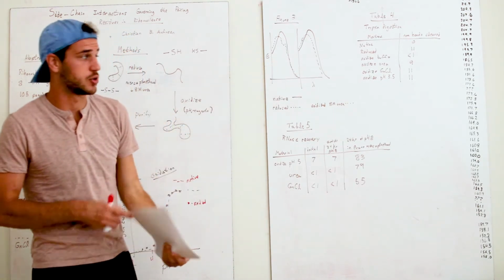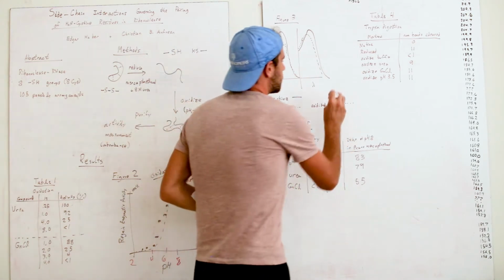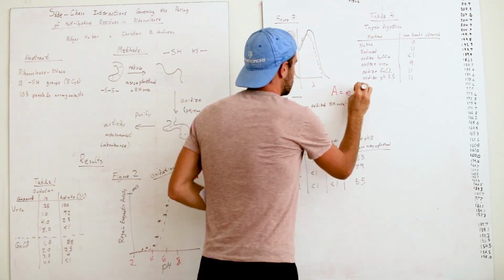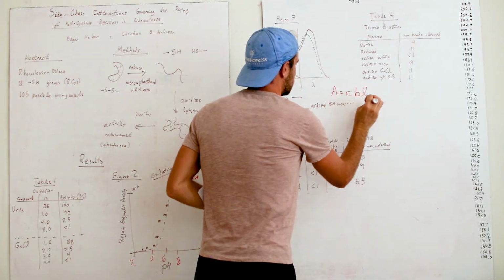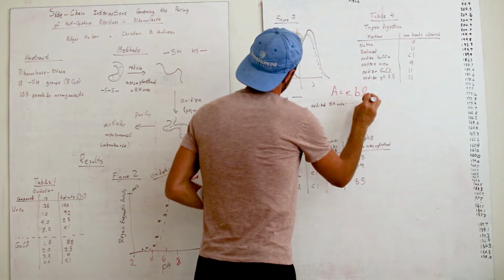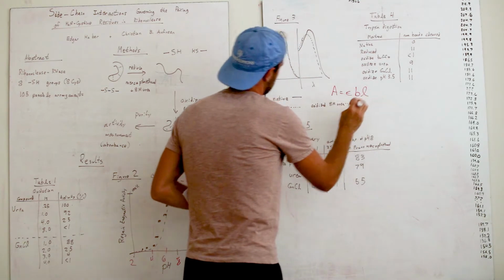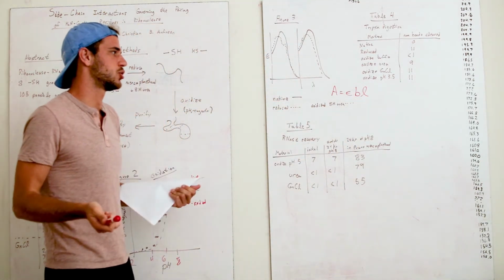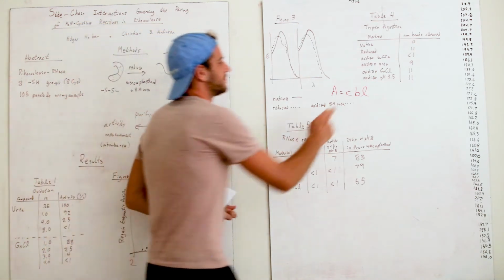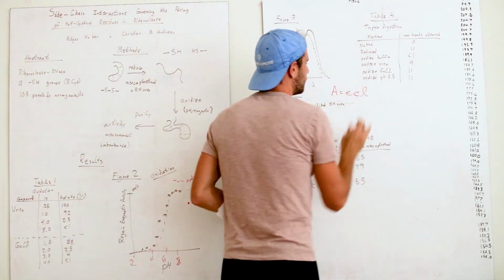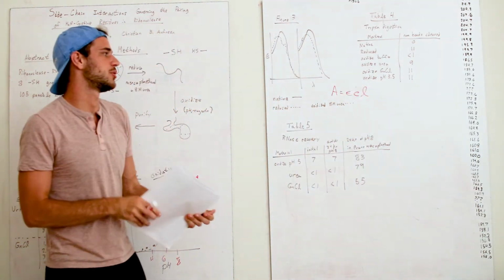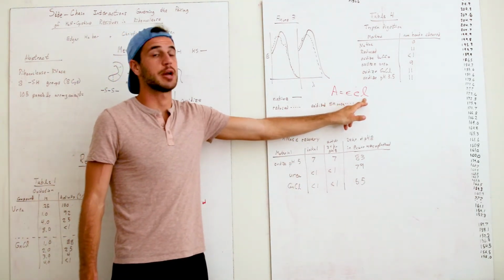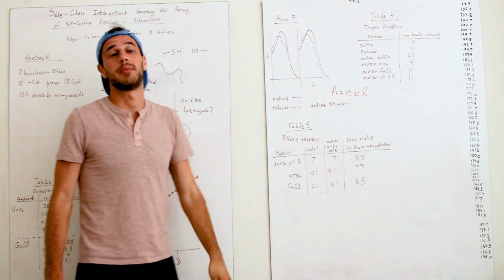If you remember Beer's law, absorbance equals epsilon, I think. Yeah. So essentially absorbance is equal to the absorption coefficient times the concentration times the length of your media.